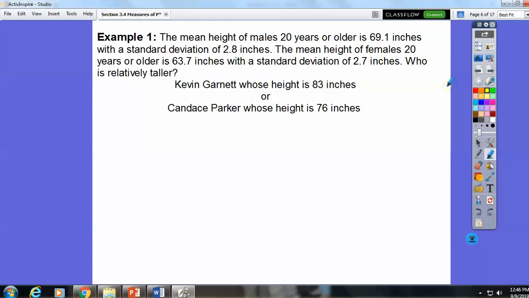So I'm not asking which of these two people is taller. I'm asking which of them is taller relative to the other people in the group. Is he taller compared to the other males, or is she taller compared to the other females? So what we will do is calculate the z-score for each person.